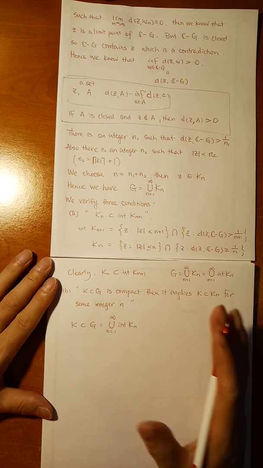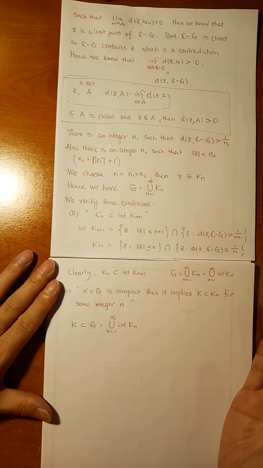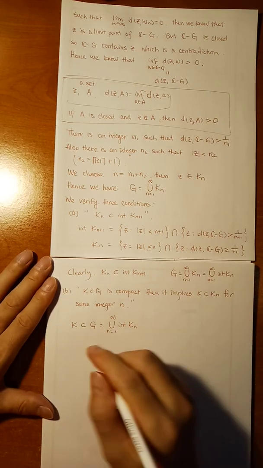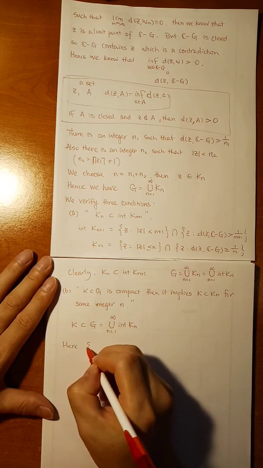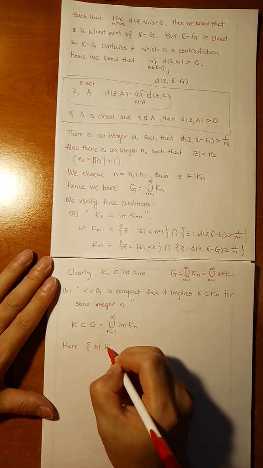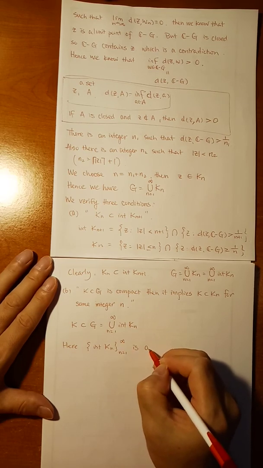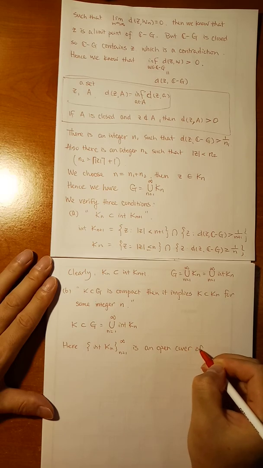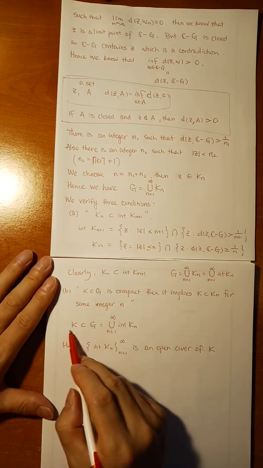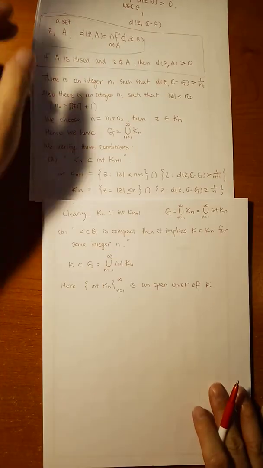Okay, so compact set. What is the definition of compact set? Every open cover has a finite subcover. Okay, so here the interior parts of Kn, n from 1 to infinity, is an open cover of K. Of course, it's an open cover, right? K is a subset of those unions, so it's an open cover.